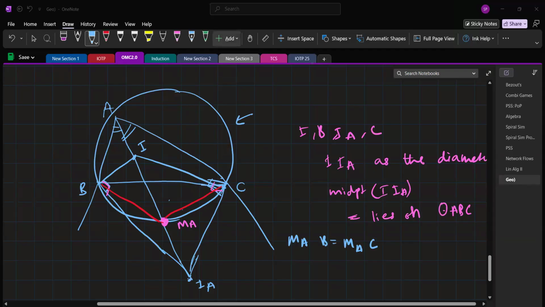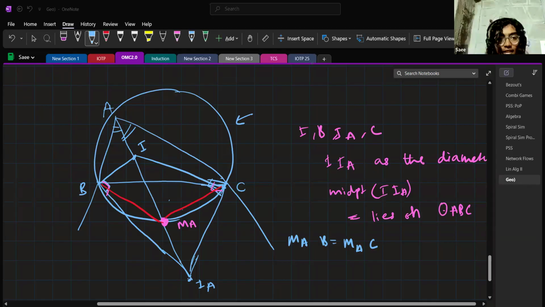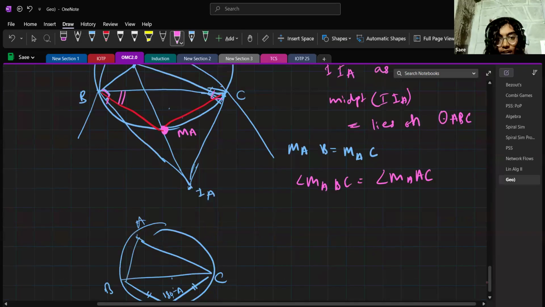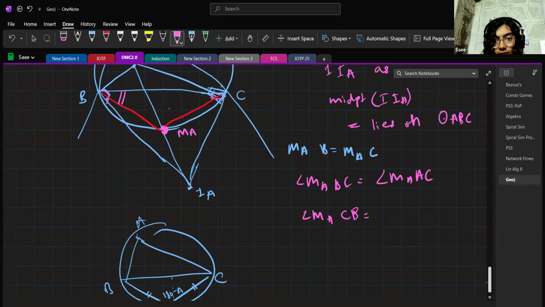Yes, because angle MABC is equal to angle MAAC, and similarly angle MACB is equal to MAAB. Exactly. So this angle is equal to this angle.